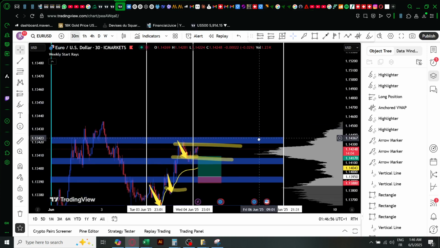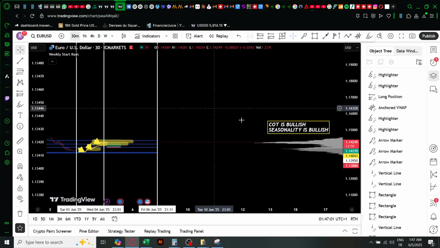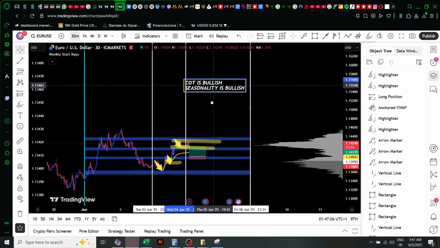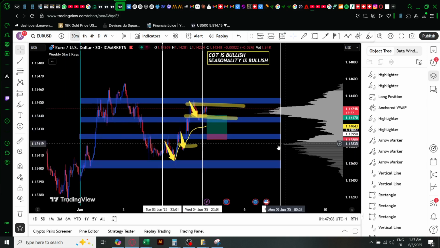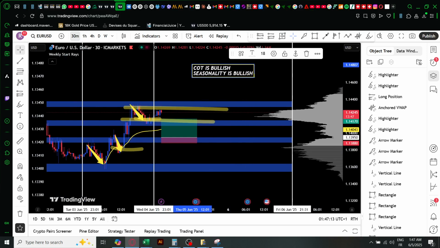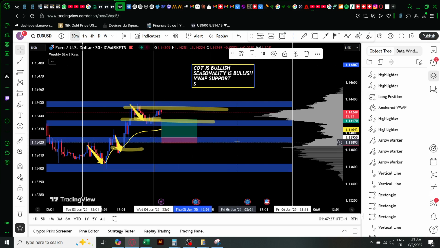So in conclusion, where is our box? So this is our box. It's somehow bigger than I thought. Anyway, we said CLT is bullish, seasonality is bullish, and we have VWAP support, and we have a strong key level here.